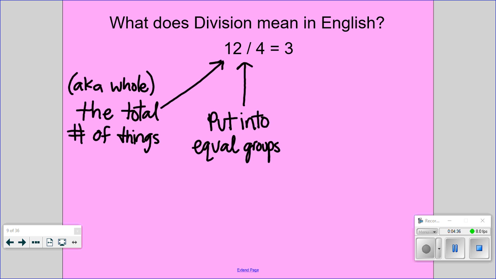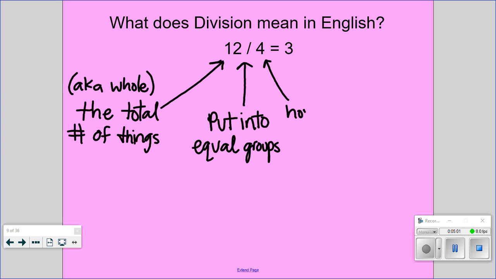The next number in our equation is really helpful because I know for my division symbol that I'm putting it into equal groups. Well, how many? 8,000? No. 800? No. That next number tells me exactly how many groups.